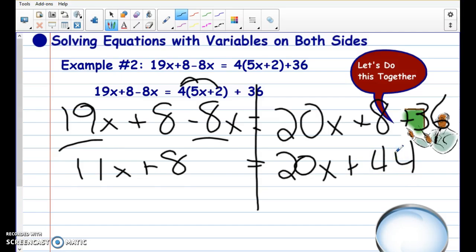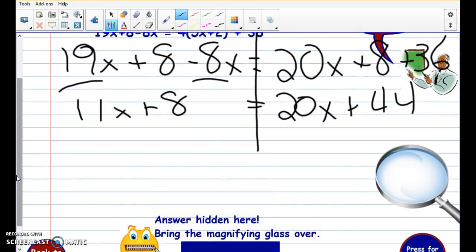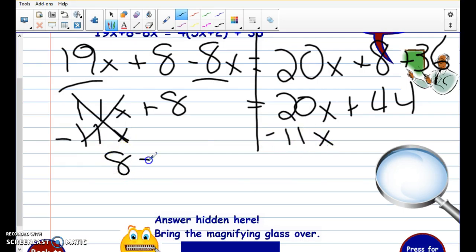It doesn't really matter if I get the x's together first or the numbers first. You're still going to end up with the same answer. It also doesn't matter if I bring my x's to the right side or the left side. I don't want to deal with a negative x, so I'm going to bring my 11x over to this side. I'm left with 8 equals 20 minus 11, which is 9x plus 44.